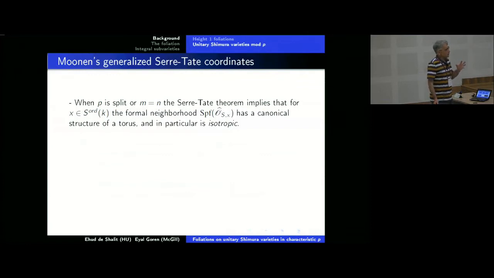All that I want you to take from this is that tori are isotropic. If you sit in the center of a torus and look around, all directions look the same to you, like being in the Pacific Ocean and not seeing anything interesting around.